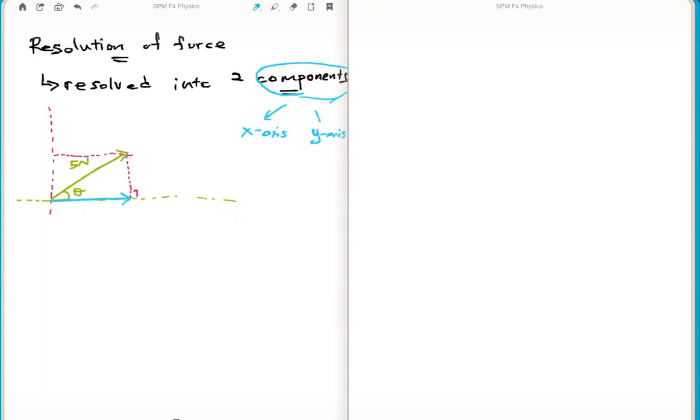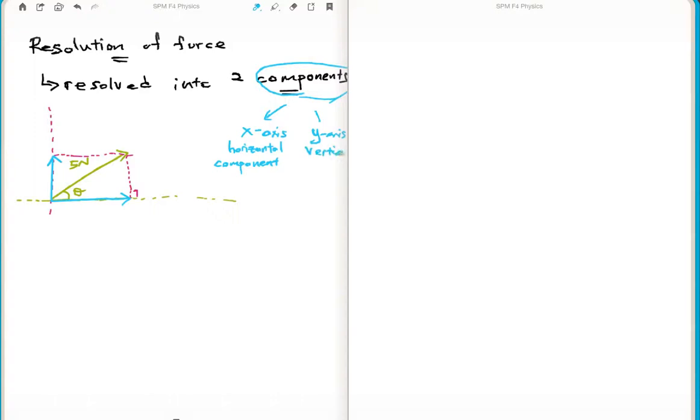You need to find this value, and the vertical component, which is the parallel side in the parallelogram, because you may transfer this force to here so that you get a triangle with a right angle. This is also called the horizontal component, whereas the y is the vertical component.